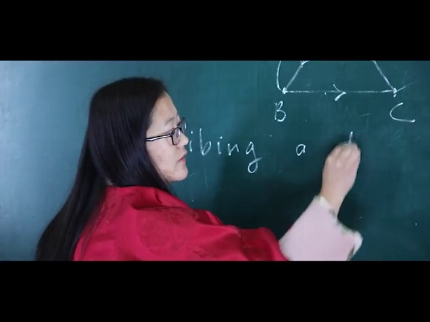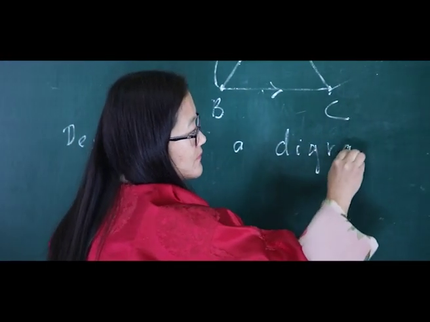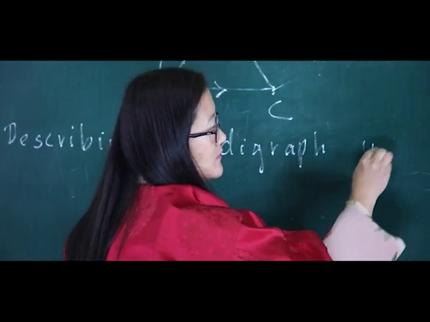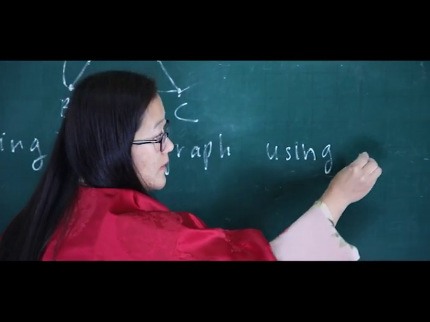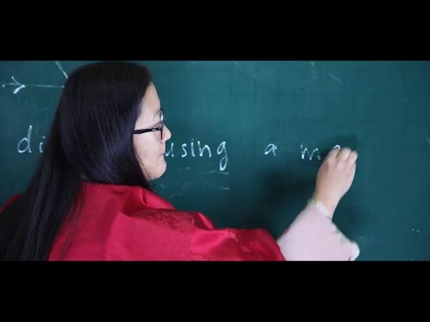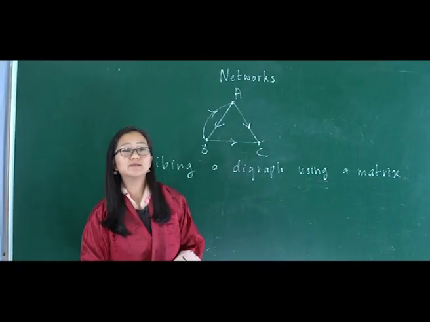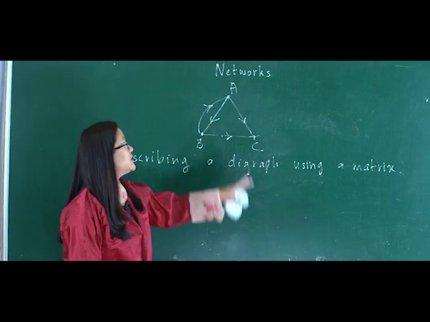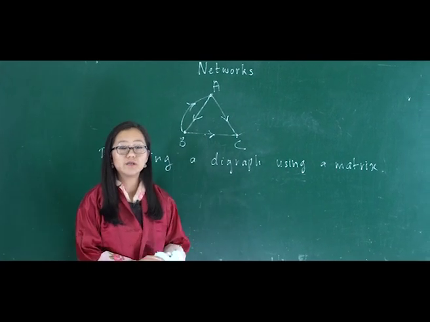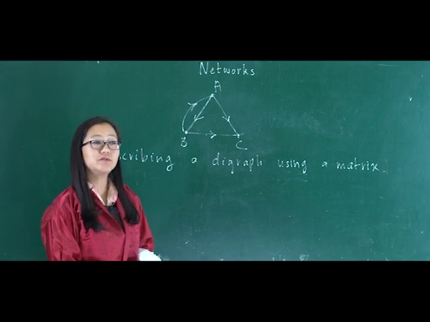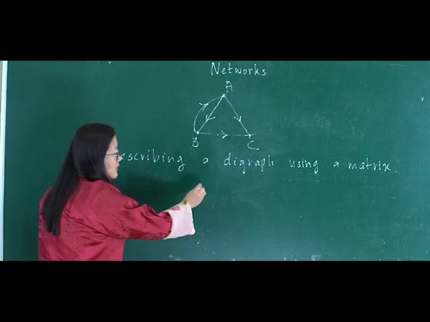Describing a digraph using a matrix. So, as I already said, we have 3 vertices here, which gives us a matrix of the order 3 by 3. How is it so?